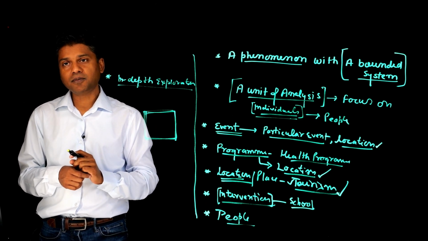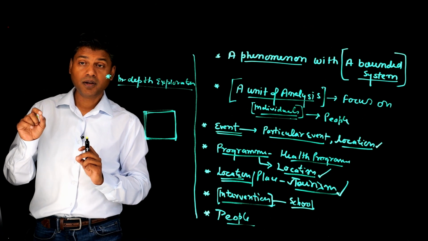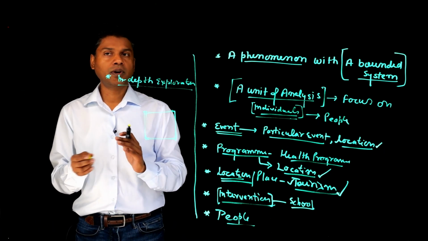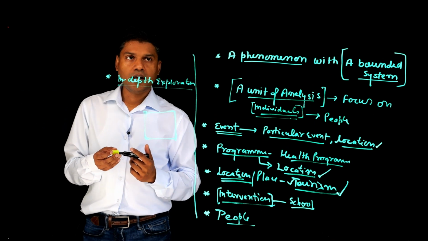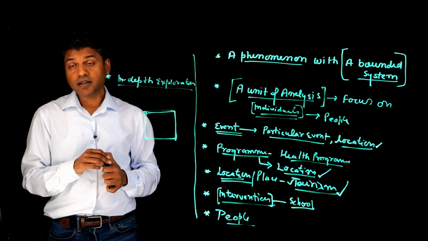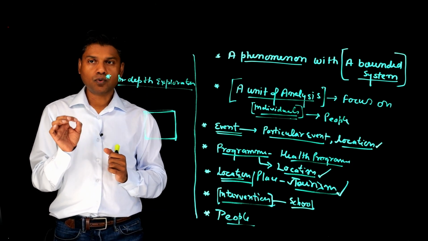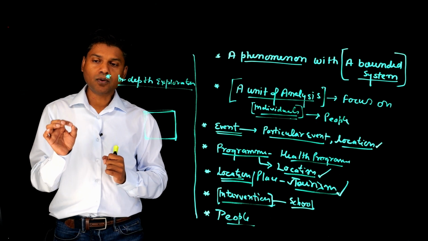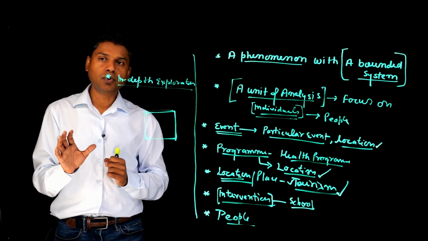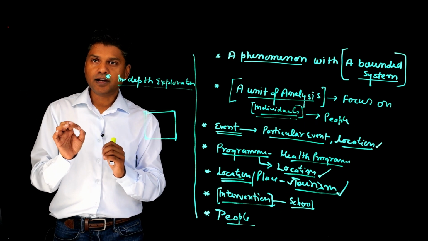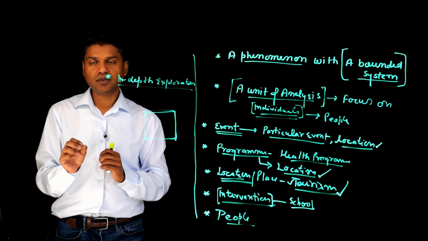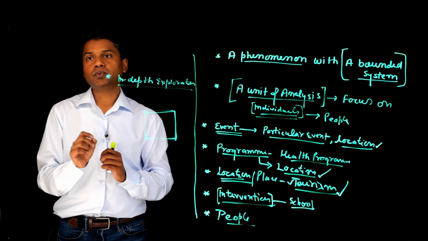For instance, if I'm exploring, let's say, a rare kind of medical condition and I'm planning a case study, I can choose one individual and go deeper into the overall experience, exploration of that particular medical condition with one individual.